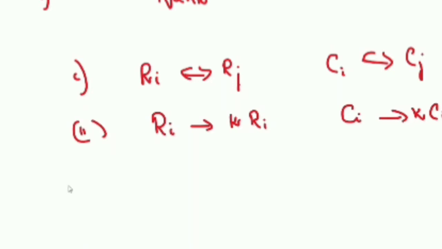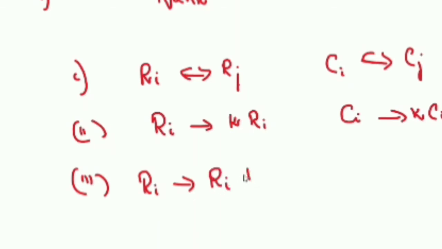Third, you take any row, Ri, and with that row you can add k times some other row Rj, which you have already multiplied.